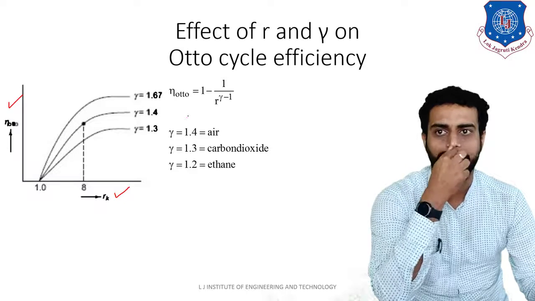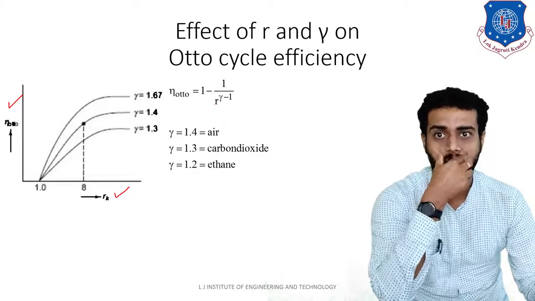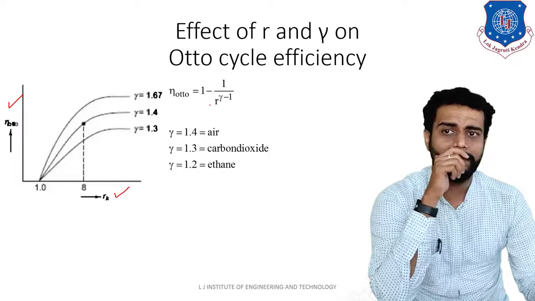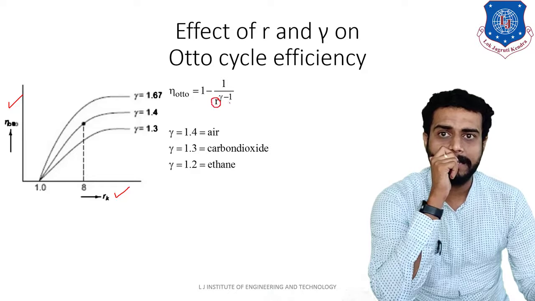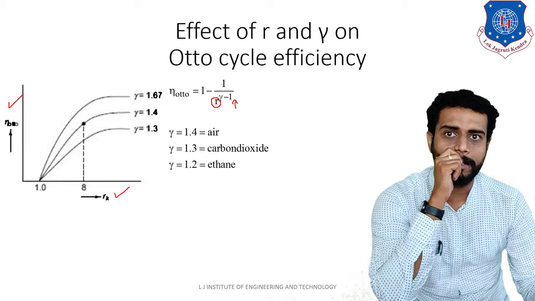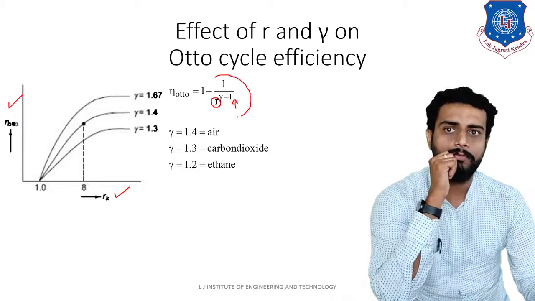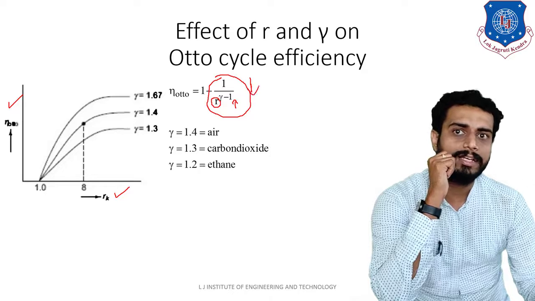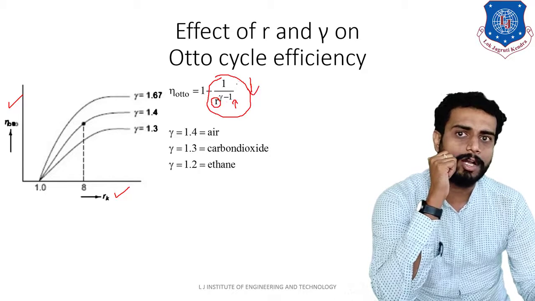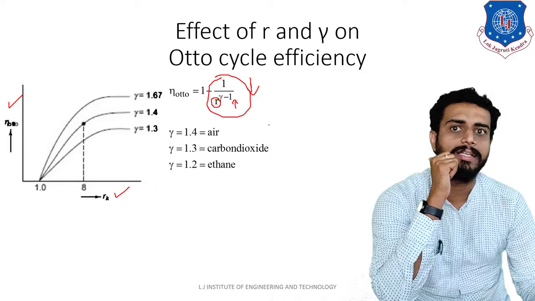So let us understand that. See what will happen. Let us say if I increase the compression ratio, then what will happen? This is 1 upon R, so this whole 1 upon R term will decrease.